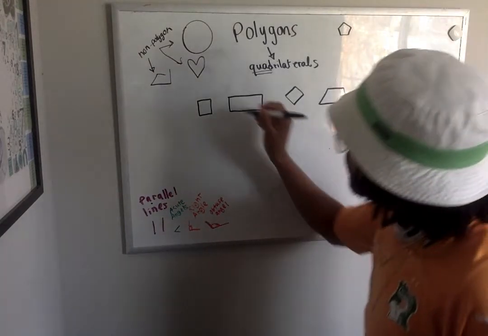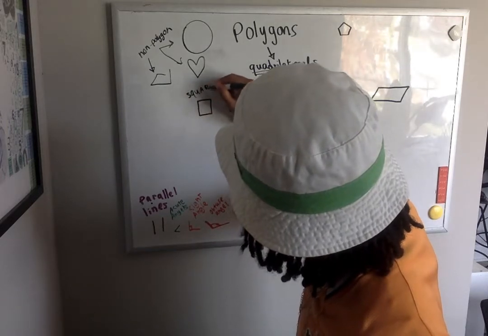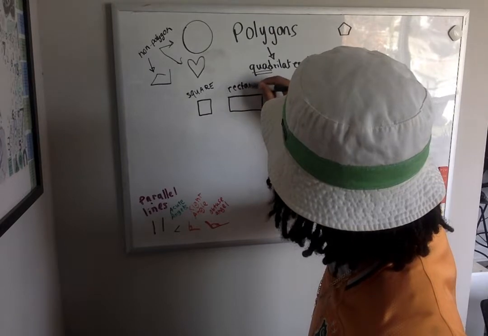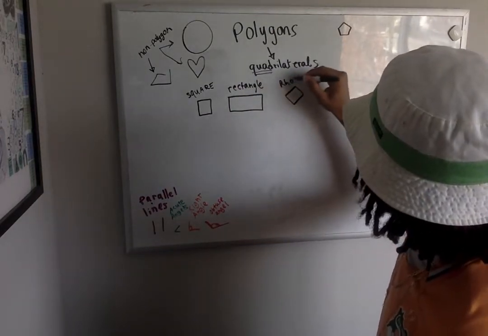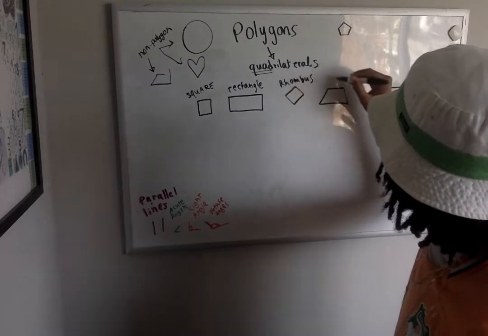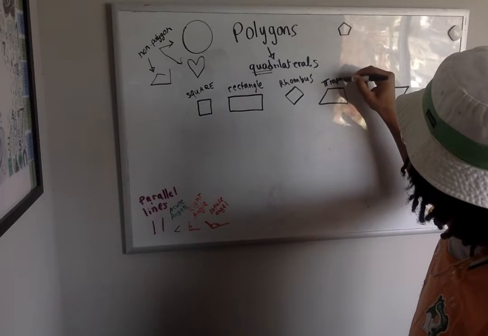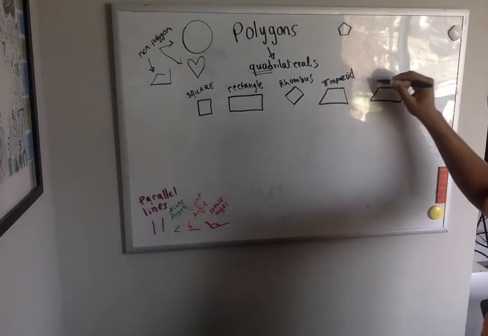Okay, so this is a square, this is a rectangle, this is a rhombus, this is a trapezoid, and this is a parallelogram.